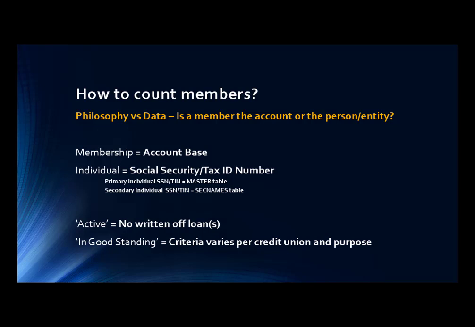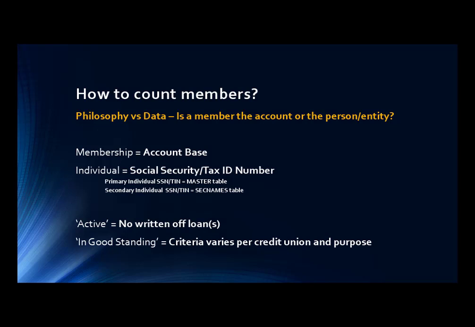If a membership does have a written off loan on it, it will occasionally be just suppressed from the count, or there will be some type of toggle or checkbox you can use to turn on or off the inclusion of memberships with written off loans in the member count.